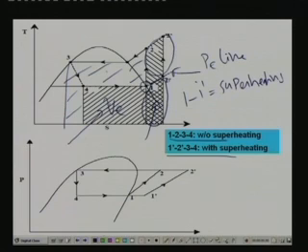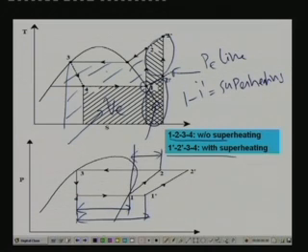The same thing can be seen from the pH diagram also. Without superheating, this is your refrigeration effect. With superheating, this is your refrigeration effect. So you can see that refrigeration effect has increased because of superheating. Without superheating, this is your work of compression, H2 minus H1, and with superheating, this is the work of compression.